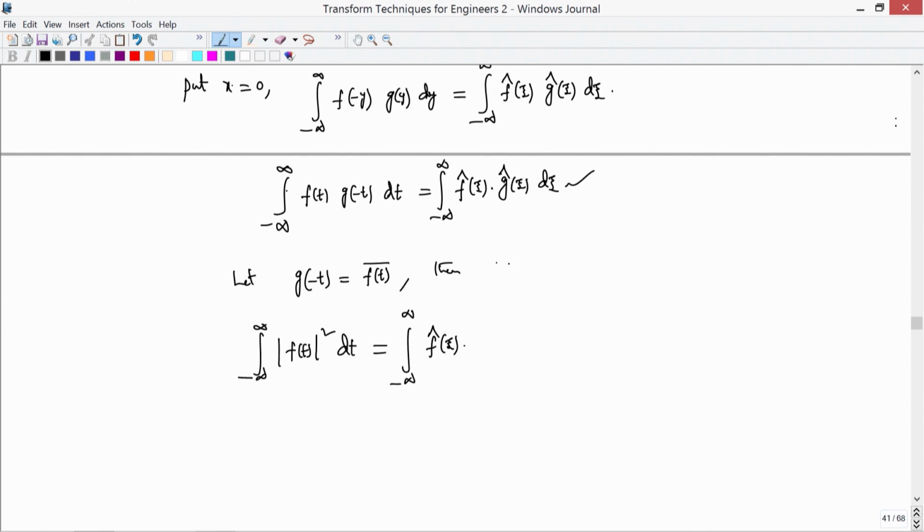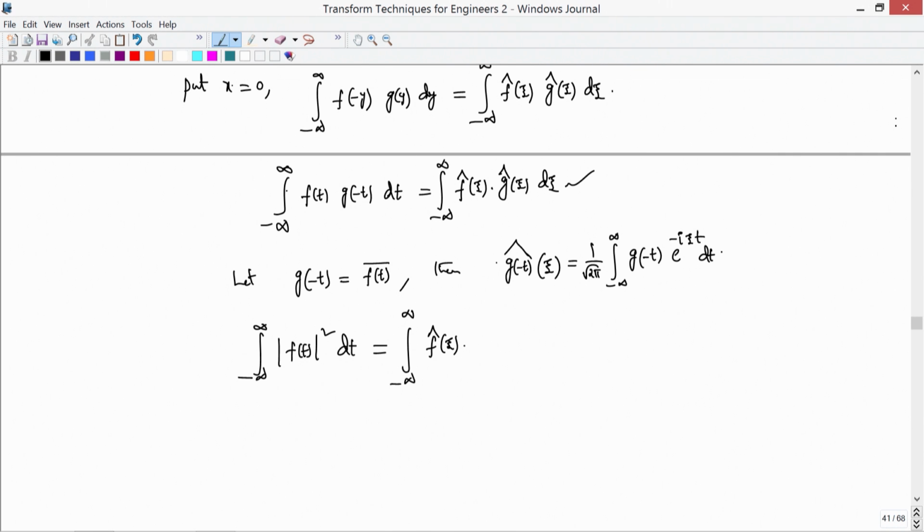What happens to g cap if I calculate the Fourier transform of g of minus t? This is a function of xi, which is 1 by root 2 pi, the integral from minus infinity to infinity of g of minus t e power minus i xi t dt.